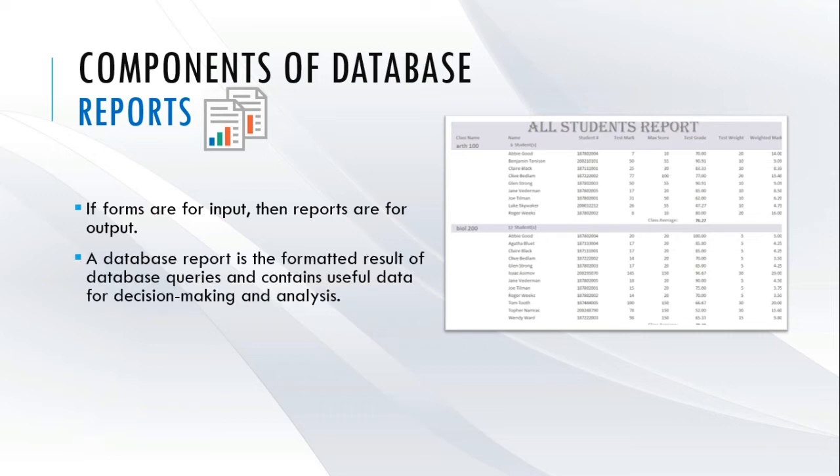A database report is a formatted result of database queries and contains useful data for decision making and analysis. By the help of queries, we retrieve the information, and that information can be represented in a printable format, and that printable format is called the report.